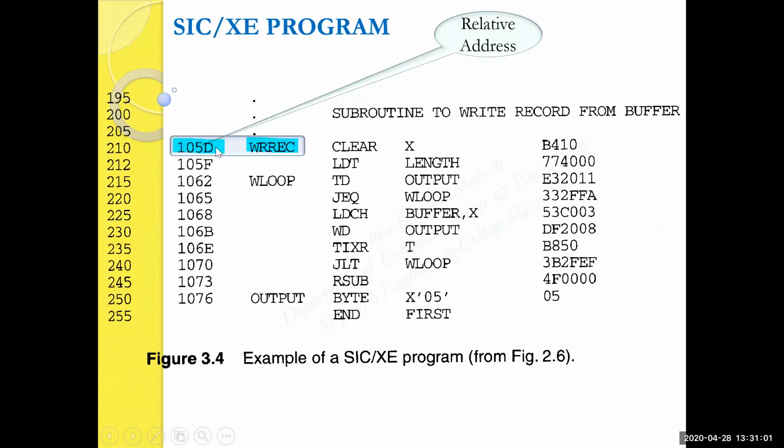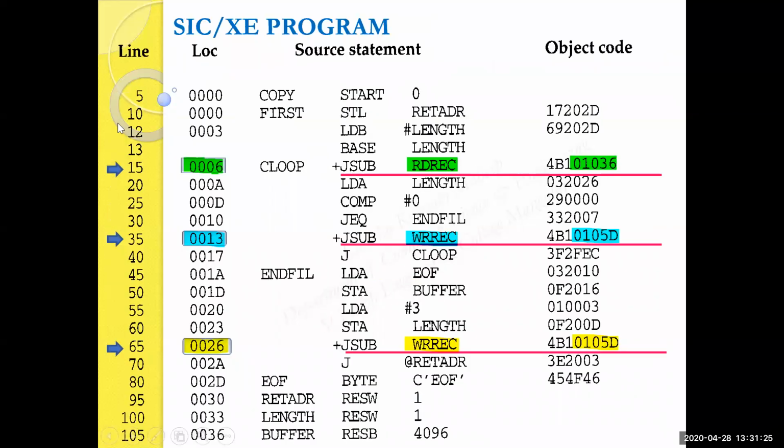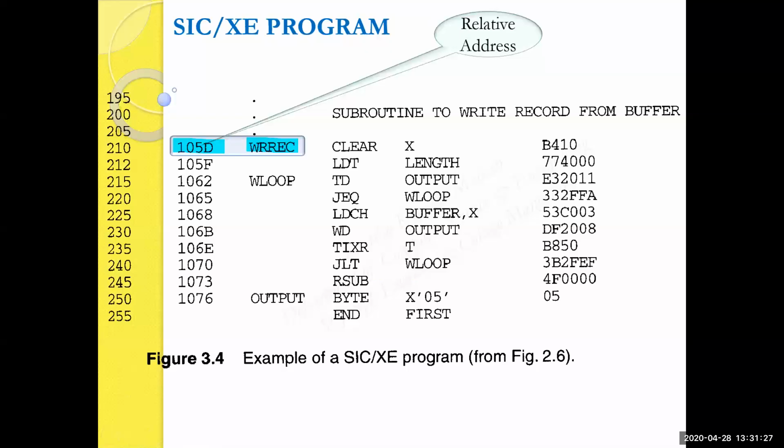Again, these are relative addresses, and the location counter value here indicates the address corresponding to WREC, with the assumption that the starting address is 0. Now, if we try to load the program at a starting address 5000, then we need to add 5000 to 105D, so that the address associated with WREC will be 605D.